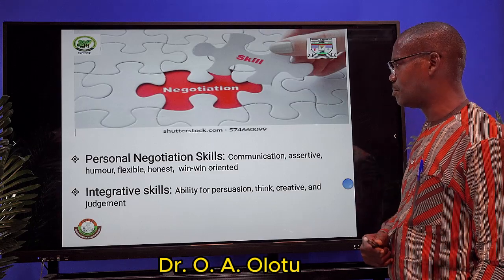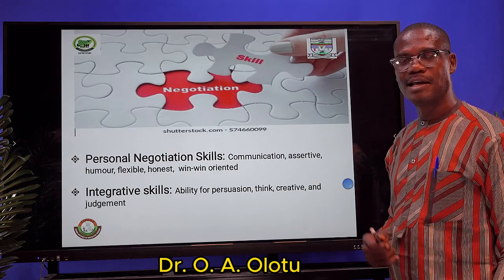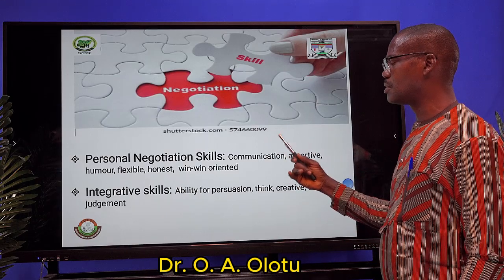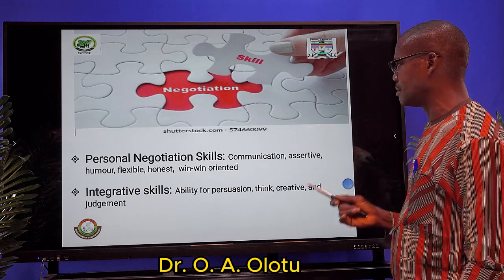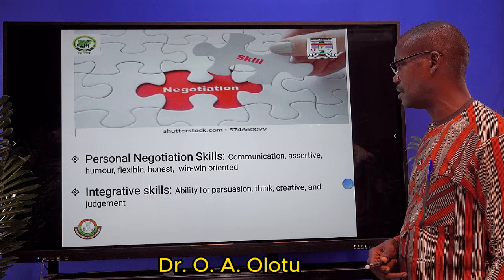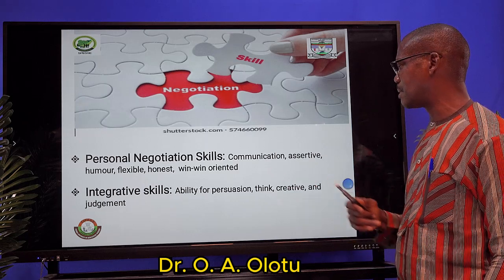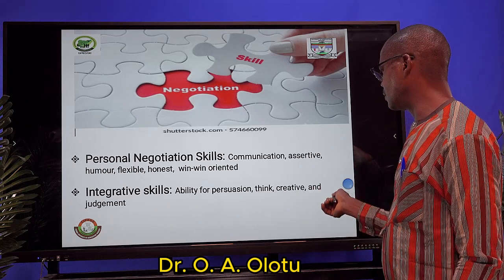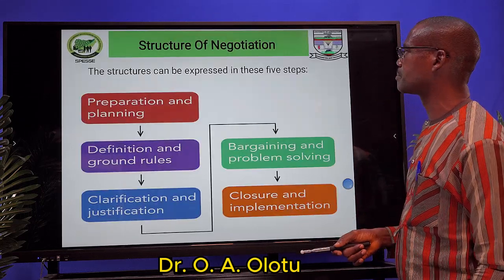No. You must be flexible, you must be honest, and you must go with a mindset of win-win. So personal negotiation skill is a sine qua non, it is compulsory and very important. And then of course the integrative skill, which has to do with the ability for persuasion, creative thinking, and of course a sense of judgment and a positive mindset.